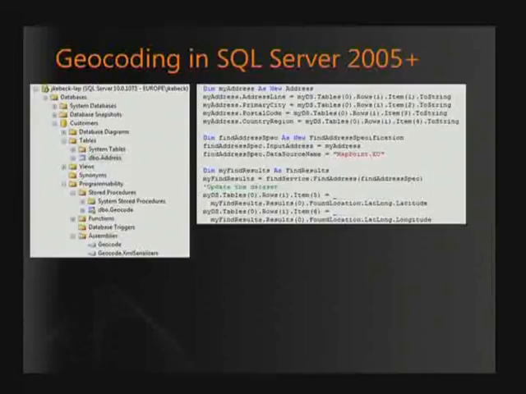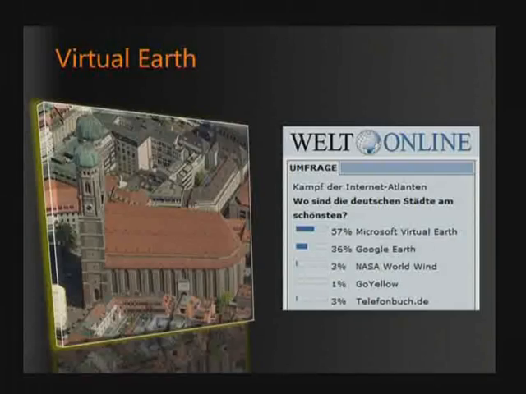But let's not talk too much about MapPoint Web Service and more about Virtual Earth. You see here that when we launched Virtual Earth with a certain type of imagery, the first launch was 2005 in July. We added bird's eye imagery in the US in a couple of regions in December 2005.